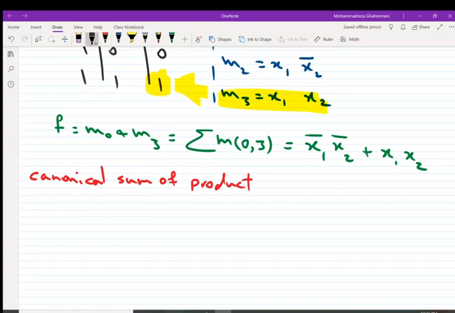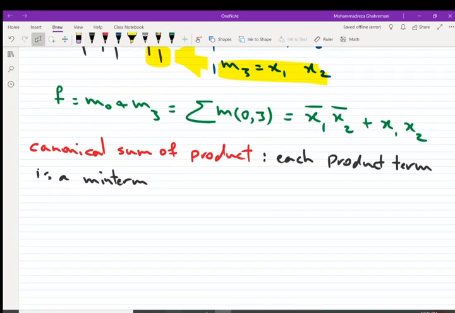We call a sum of product canonical if each product term is a minterm.